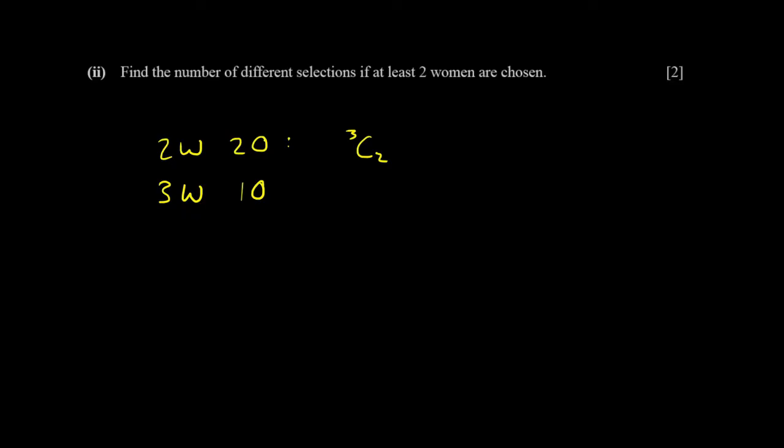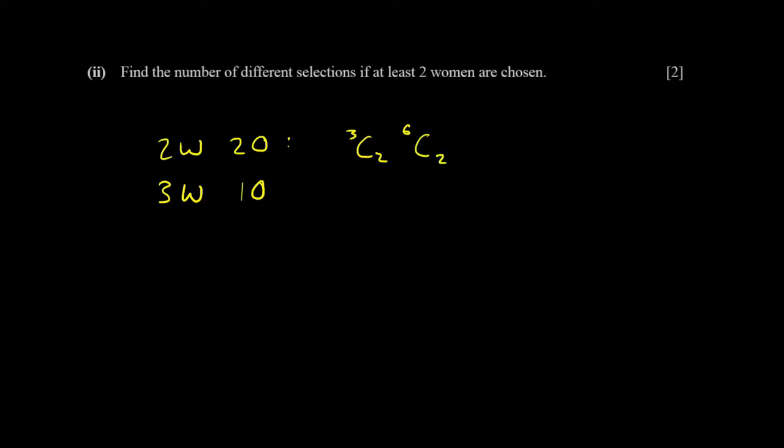And how many ways could we choose the 2 remaining others? We've got 6 other people, because 9 minus the 3 women gives us 6 other people, 6 men or children. There are 6 other people remaining, and I've got to choose 2 of them, so that would be 6C2.